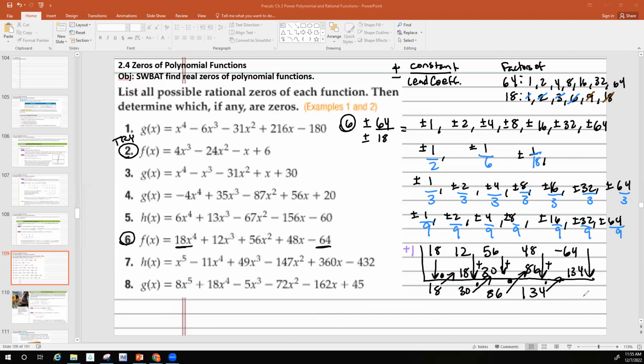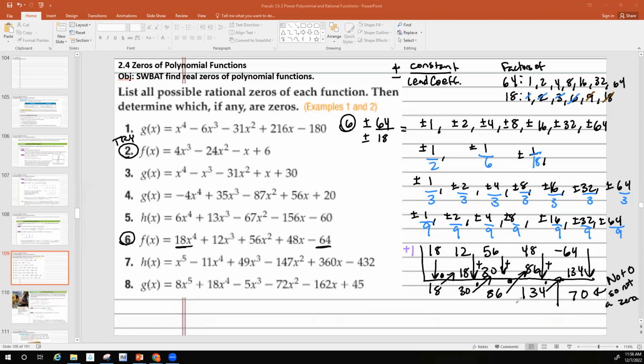Add, we get 70. And that's our remainder. So it's not 0, so not a zero. We want it to equal 0.